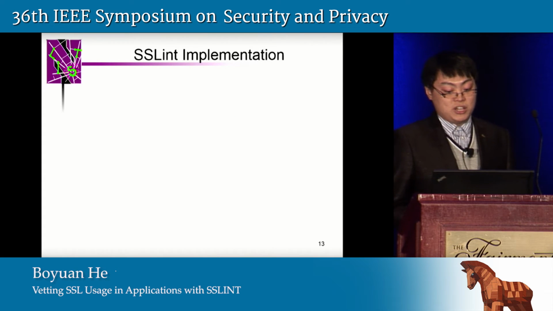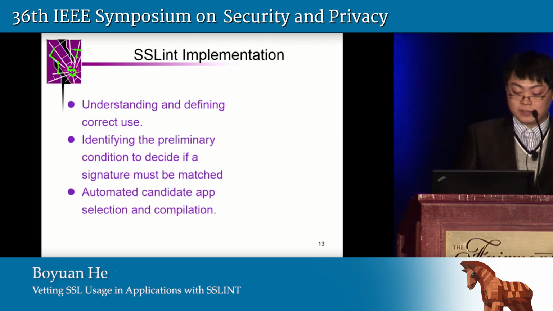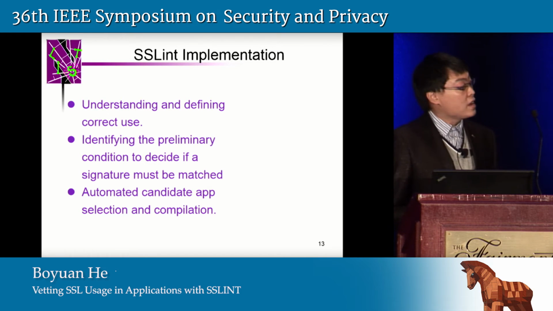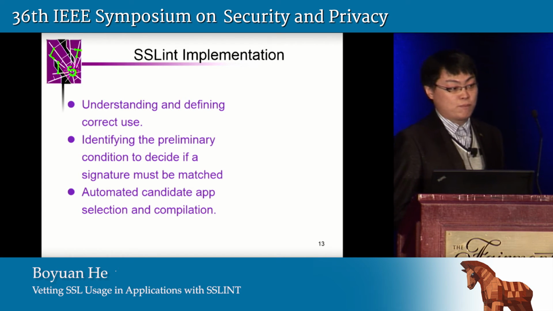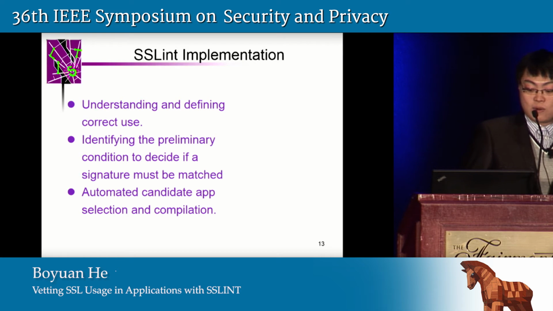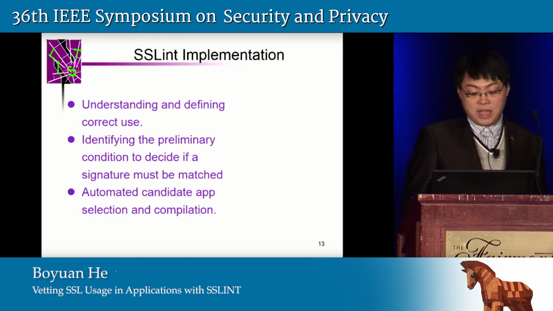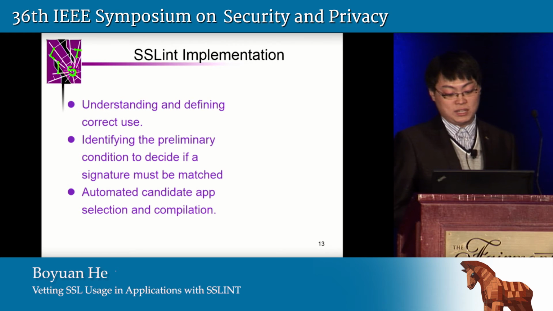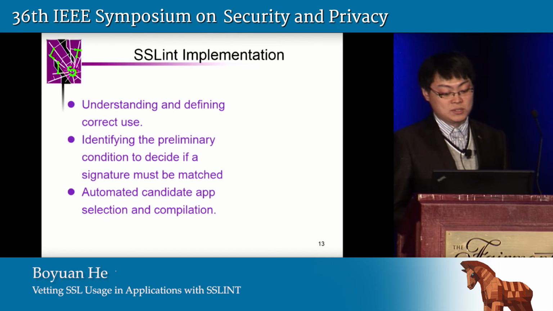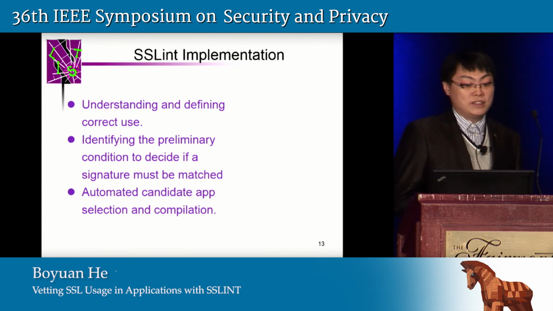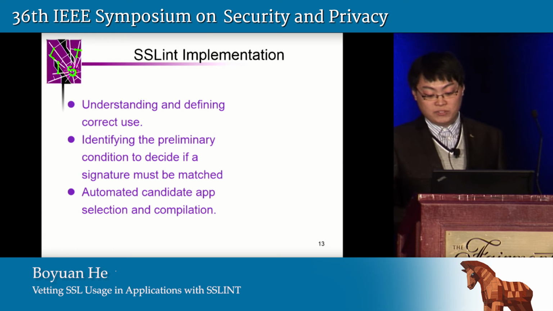Our SSLINT implementation has the following technical challenges. The first one is, given an SSL library, we need to understand the precise conditions for the correct usage and then model them in our signature. The second one is, given a signature, we need to identify preliminary conditions to decide if a signature must match.